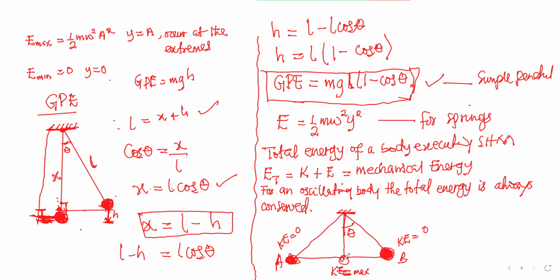So what it therefore means is that when it is crossing the mean point, it is doing so with maximum kinetic energy. By the time it comes to the extreme, KE is 0. So as the body moves from the mean point to the extreme, is the KE increasing or decreasing?